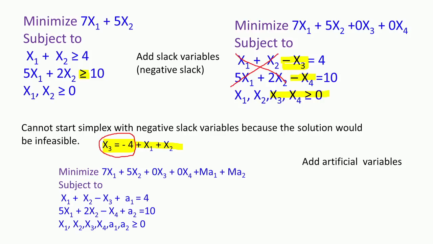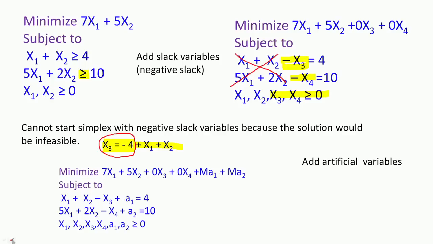Therefore, only for the sake of starting the simplex table, we add two variables. We put a plus a1 and a plus a2 in these two equations. These variables are called artificial variables because they do not belong to the problem.